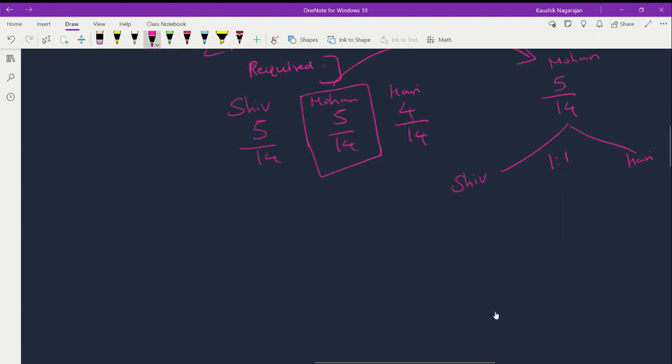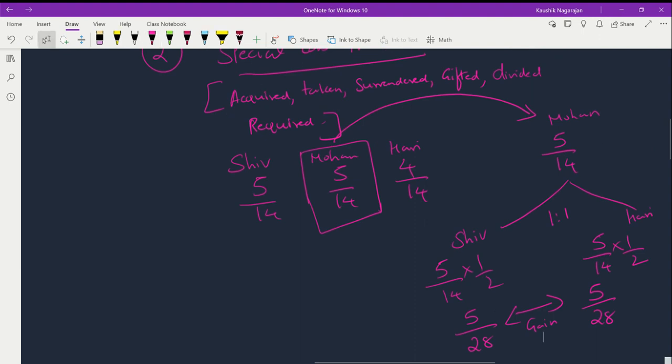That means Shiv will be taking half of 5 by 14, that is 5 by 14 into 1 by 2, and similarly Hari will be taking half of 5 by 14, that's 5 by 14 into 1 by 2. So this gives me 5 by 28, and here also it is 5 by 28.